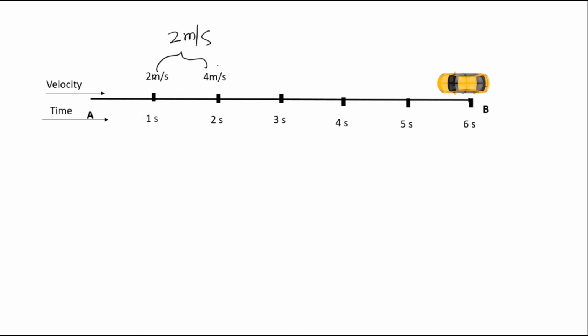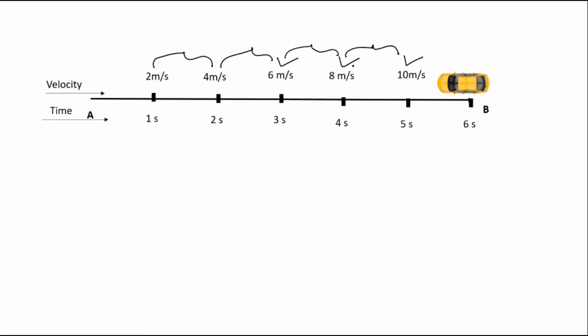That is 4 minus 2. And then again, 6 meter per second, 8 meter per second, and 10 meter per second. Now look at this change in velocity for every second. So you can mentally calculate now. For this particular time interval, how much is the change in velocity? 4 minus 2, that is 2 meter per second.